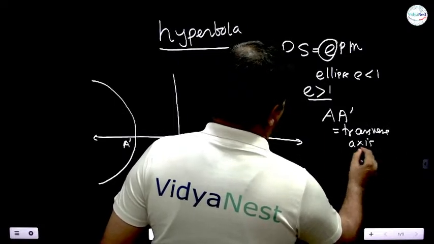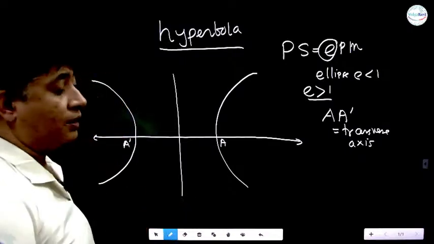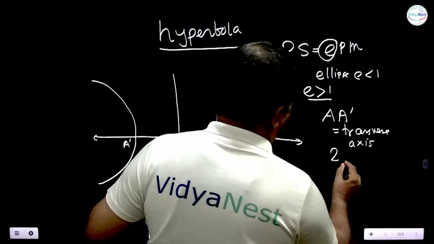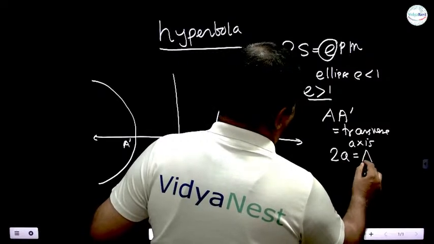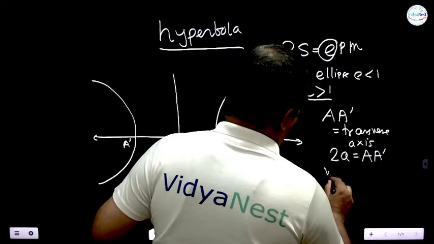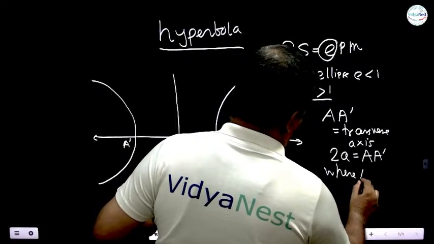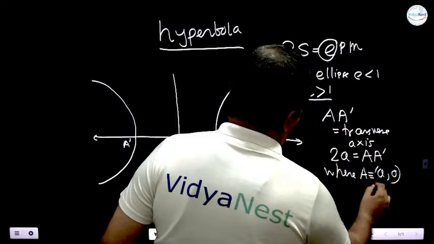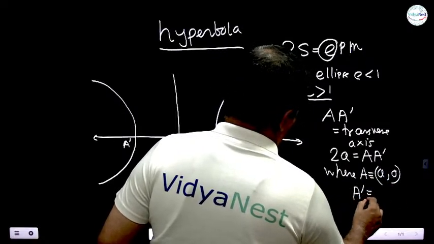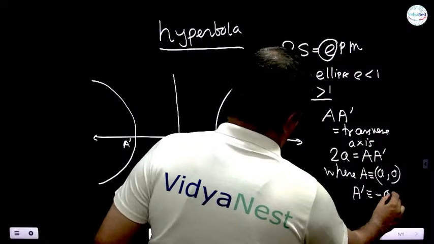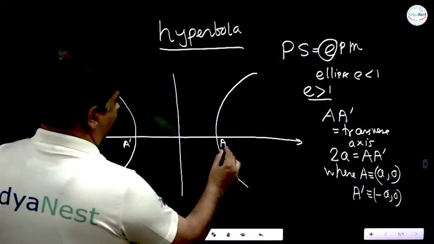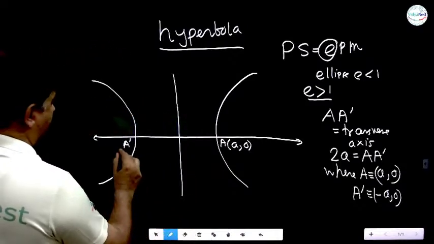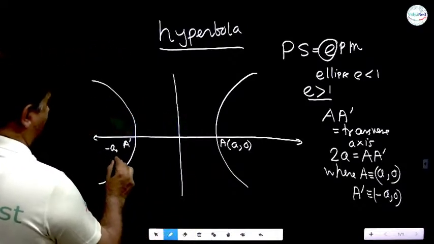Same thing, but it is renamed. Its length is also 2a, where A is (a, 0) and A dash is (minus a, 0). So let us label them (a, 0) and (minus a, 0).